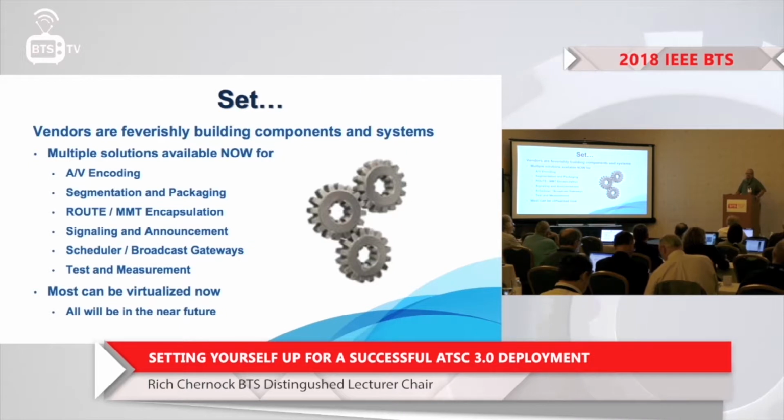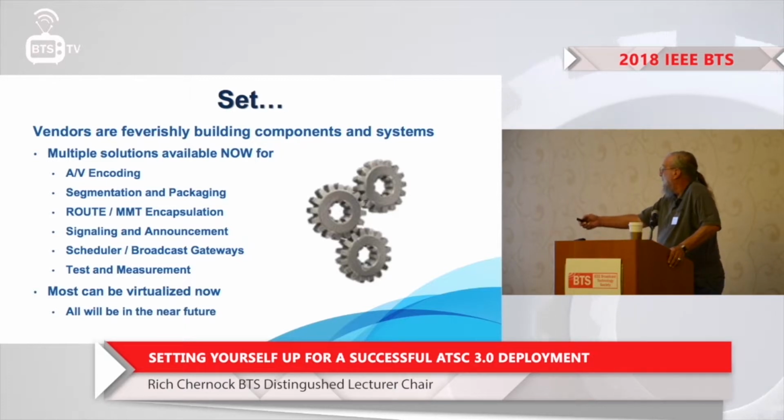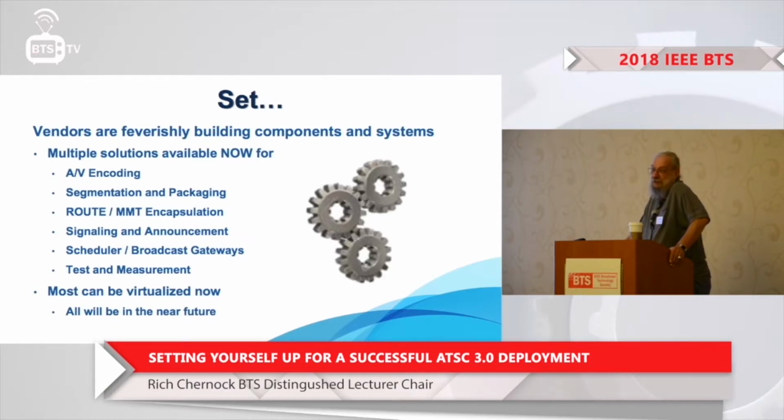You know, the word cloud comes up. You can run functions on different boxes, and you don't need to have a box per function anymore. This can make for very interesting economies of scale in architectures. And the things that can't be virtualized now will be in the near future.